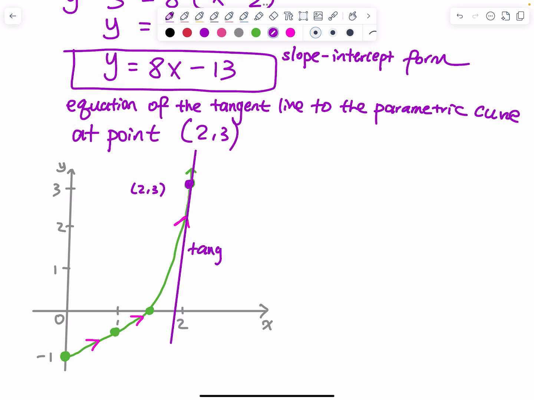So this is the tangent line, y equals 8x minus 13. If you give me another point, any point on this green parametric curve, then that would be another tangent line because it has a different slope. And one thing that we can quickly see is at this point, the slope is less steep, right? So that will be a different tangent line and it has a different slope.